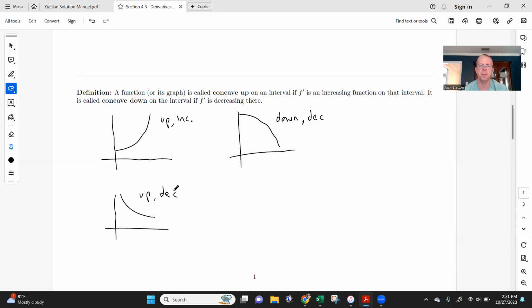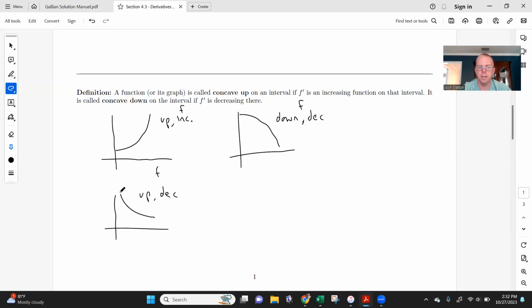The function is decreasing. So I guess just so we're clear, we're talking about F on this. So F is concave down, F is decreasing. F is concave up, F is decreasing, but the F prime, the slope is increasing.